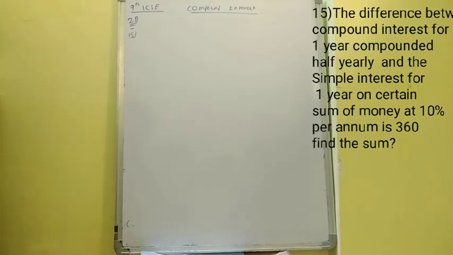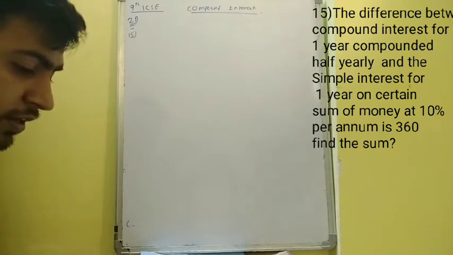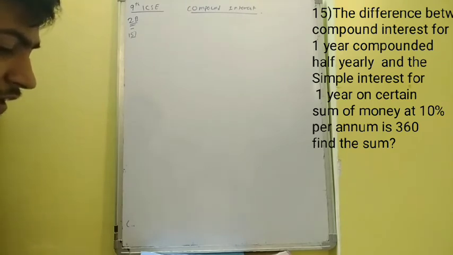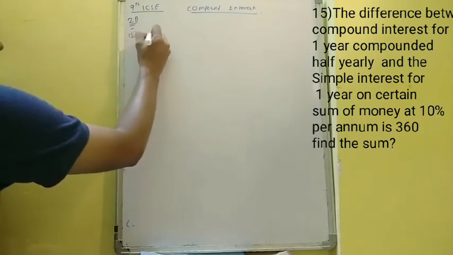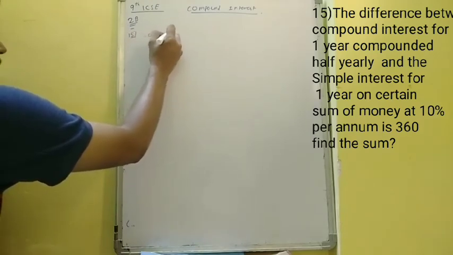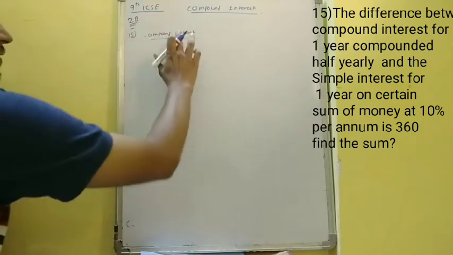In the next sum, the 15th sum, the difference between the compound interest for 1 year compounded half yearly. So first I will be doing compound interest.